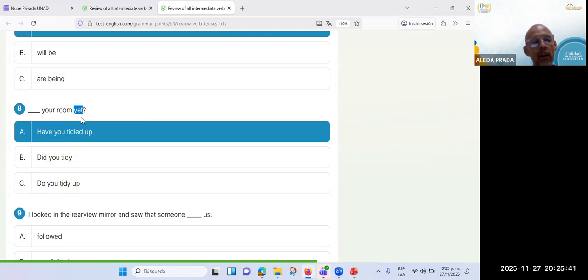Usted aún no ha organizado su habitación. ¿Sí? Pero si no conocemos ese yet, el significado, no vamos a saberlo y no vamos a entender cuál es la opción correcta porque la otra sería en pasado, did, usted aún no limpió su habitación o usted limpia su habitación aún. No, ninguna de esas sale. The correct one for present perfect, have you tidied up your room yet?